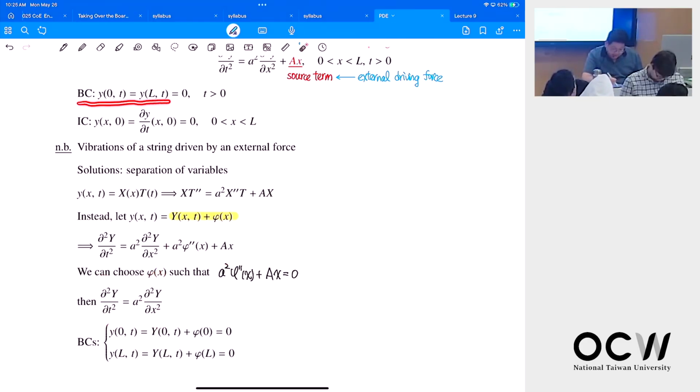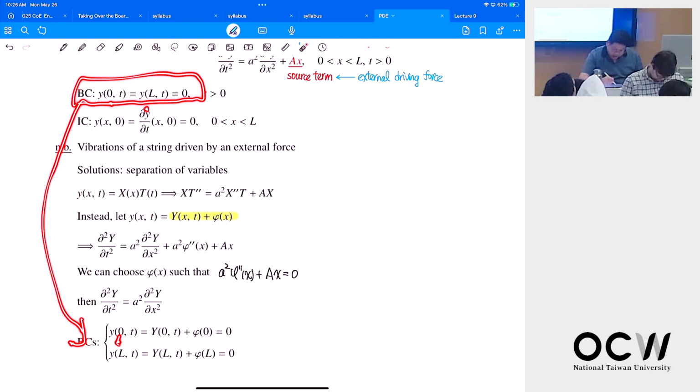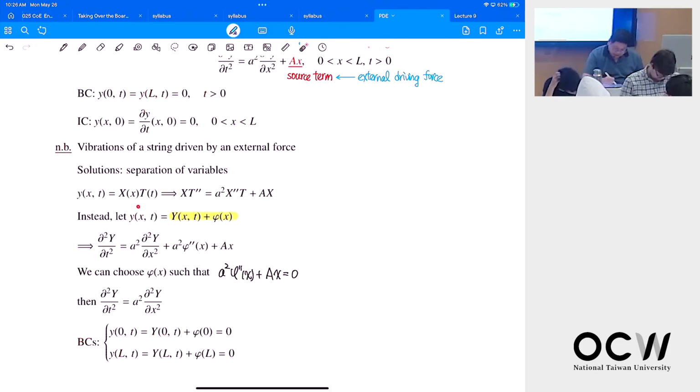And for the boundary conditions, with x equals 0, here is 0, here is 0. It should be 0. With x equals L, also it should be 0.